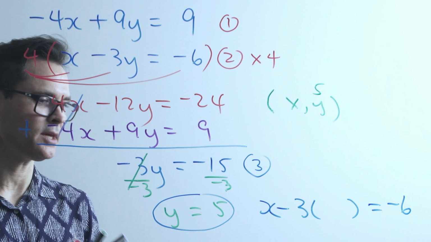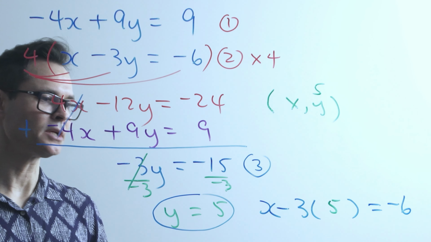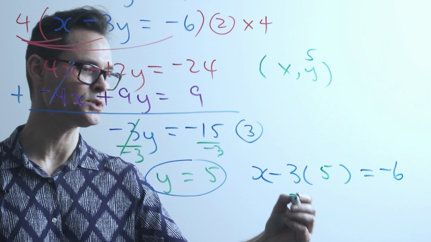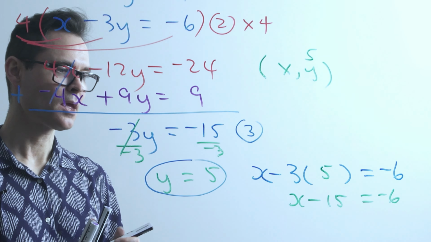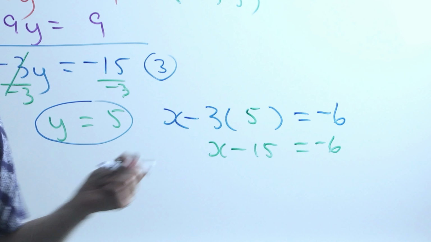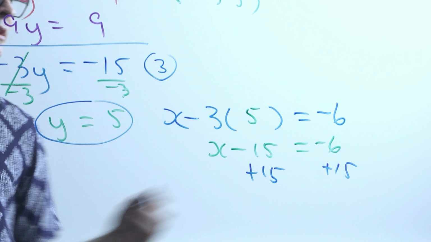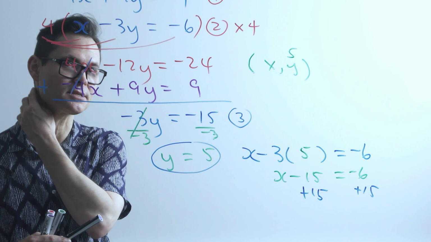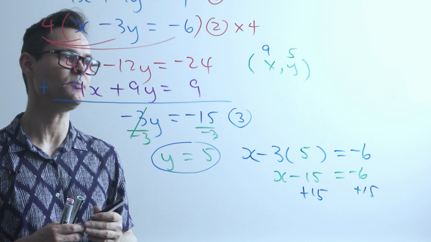So the y value here turned out to be 5. And now it's just a little bit of arithmetic. So now I've got x minus 3 times 5, which is x minus 15, equals negative 6. And then simply move the 15 over to the other side, or think of adding 15 to both sides. What I do to one side, I do to the other. And so x turns out to be, well, negative 6 plus 15 is 9. So I get the answer for x to be 9.